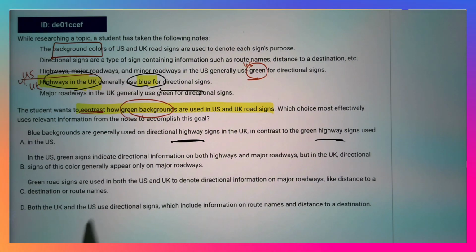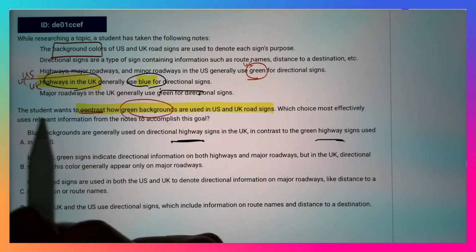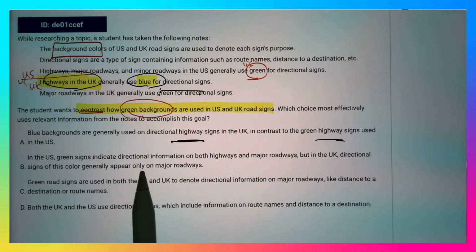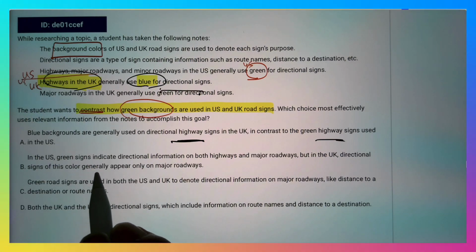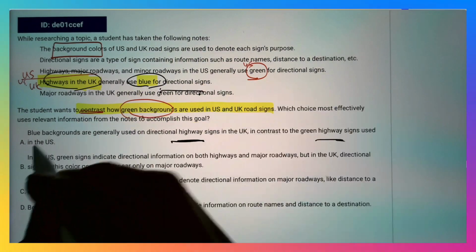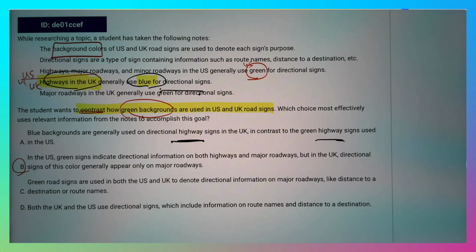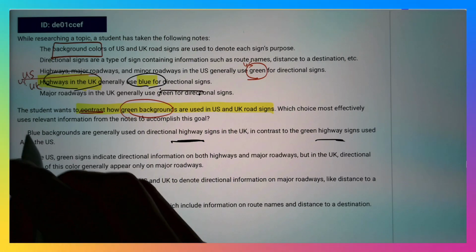So everything else might be the same, but the highways in the UK use a blue background. So this is actually a good answer because it covers all kinds of roads and also contrasts the color depending on specific roadways.